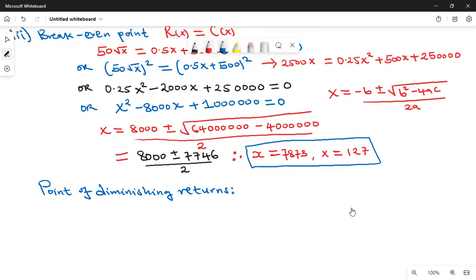What do we know about this point is that d squared p over dx squared is supposed to be equal to 0. We know d squared p, we got that as negative 25 over 2 root x cubed. That's what we got. This equals 0.